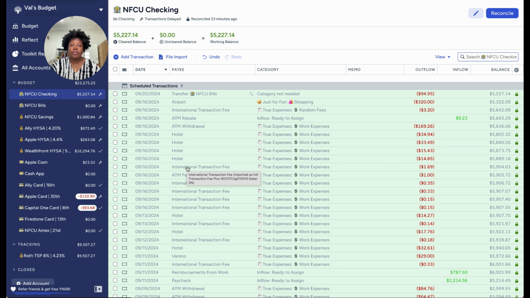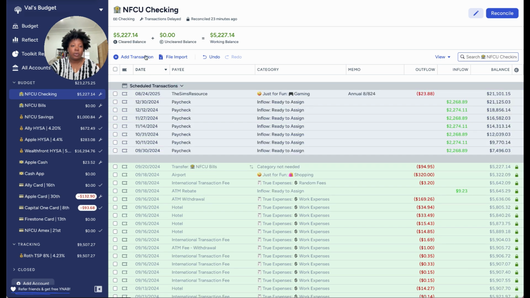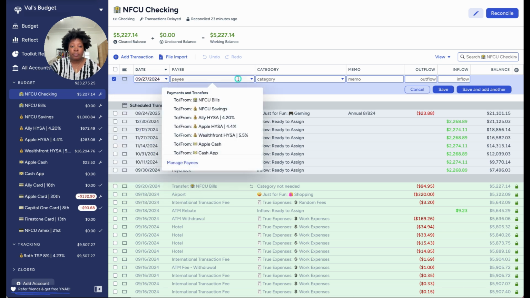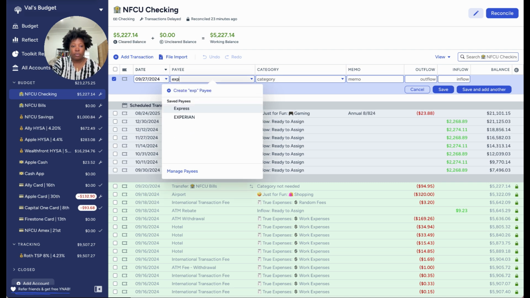So I'm going to have to make that transaction this week. So I want to go ahead and add a transaction in here for the future. And let's put it for Friday. And I don't know, what did it, I think it was PayGov.